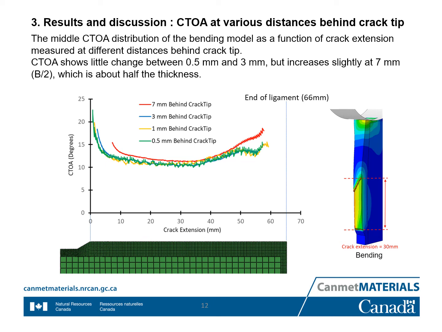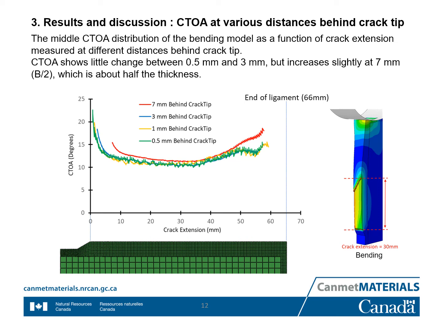We can see all these 4 curves are showing a similar trend. There is no major difference between 0.5 millimeter and 3 millimeter behind the crack tip. The CTOA only increases slightly at 7 millimeters from crack tip, and 7 millimeter is about half the thickness of the specimen.